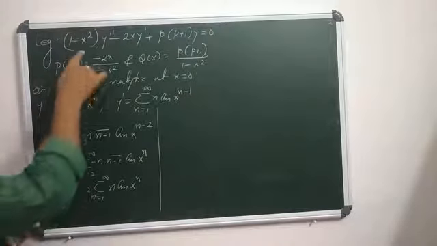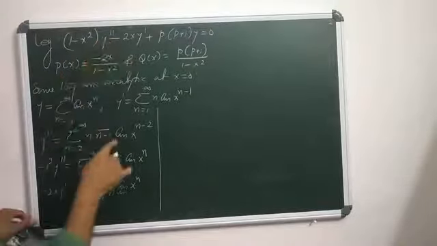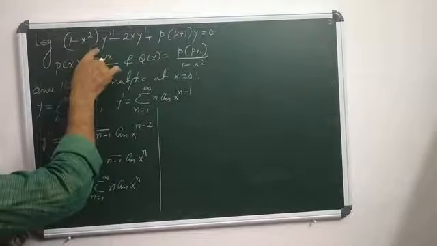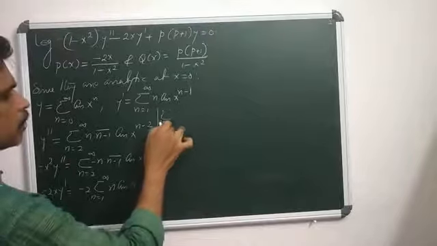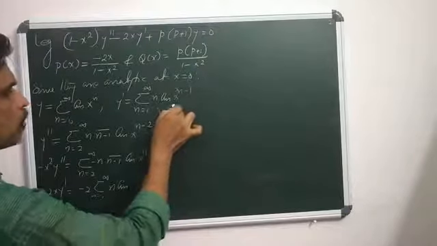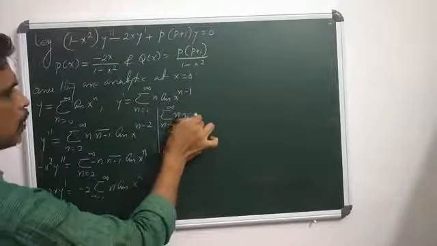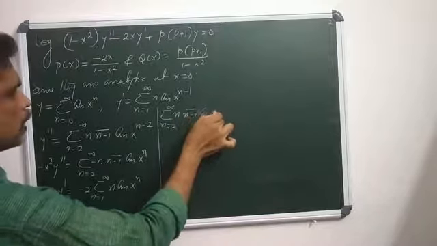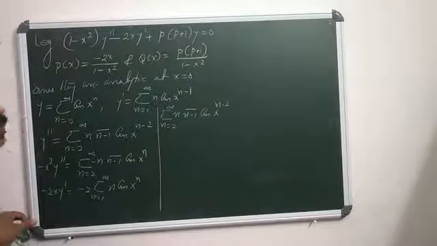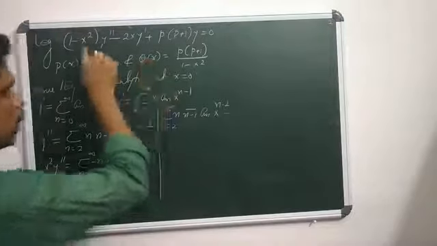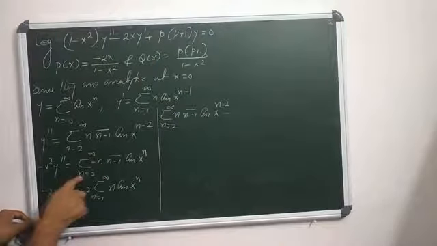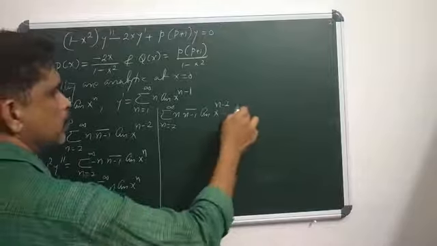What do you get? First term, if you open this bracket, is y double dash. So that means sigma n ranges from 2 to infinity n into n minus 1 into a n x power n minus 2, plus minus x square y double dash. What is x square y double dash?